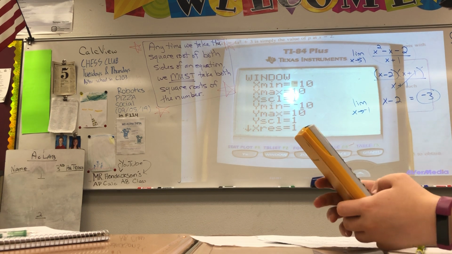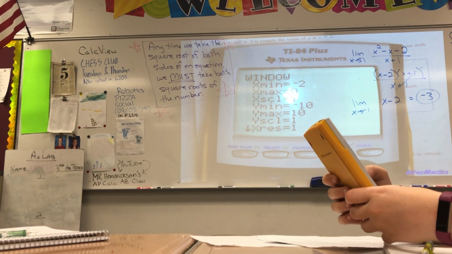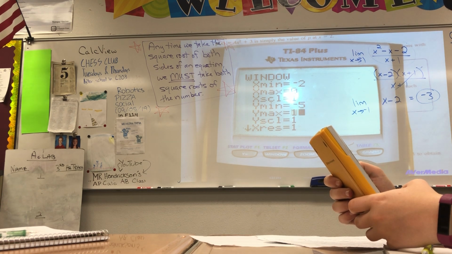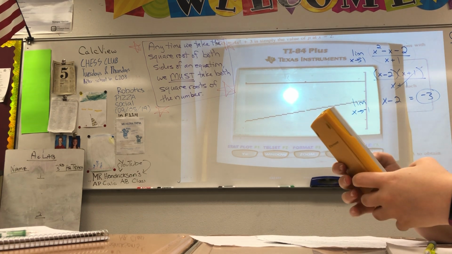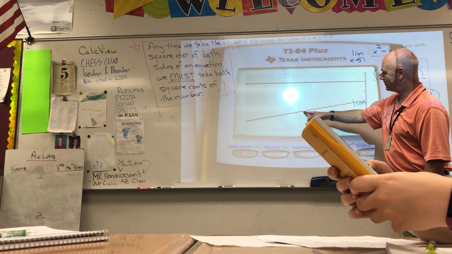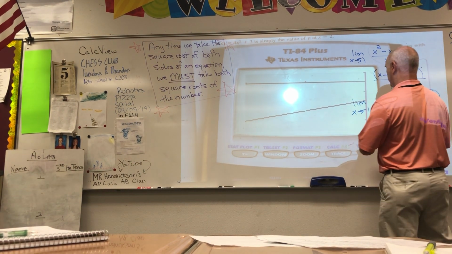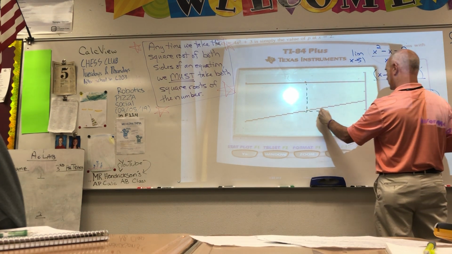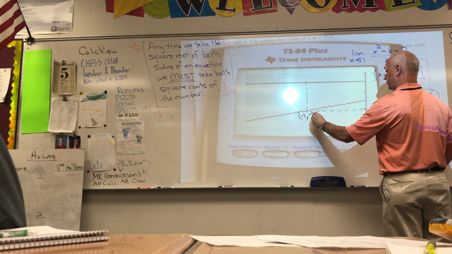So I'm going to go x min of -2, x max of 0, and -5 to 1. You see what's interesting? There's actually this little dinky gap right here. Hard to really see it, but there's our point, -1, -3.